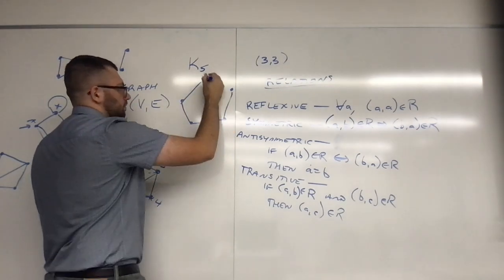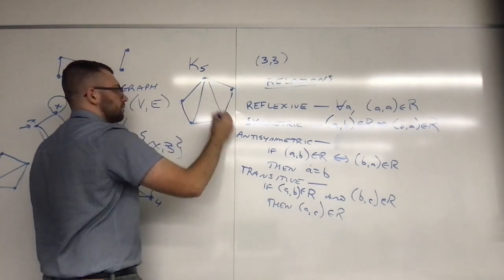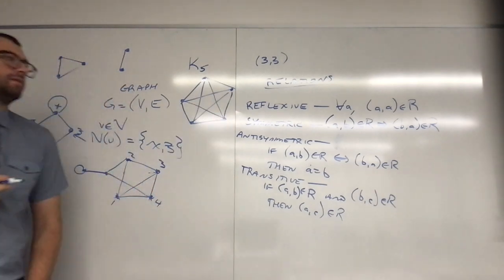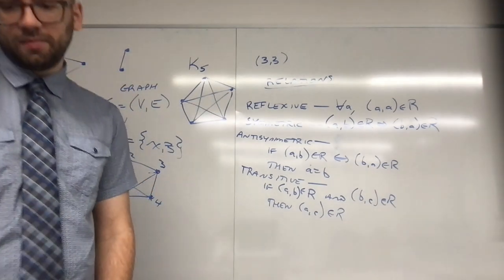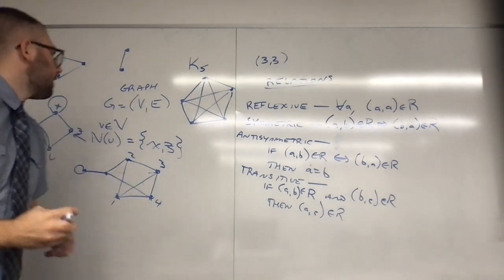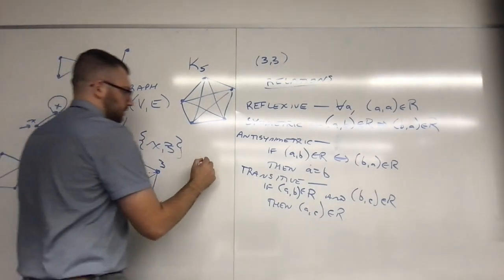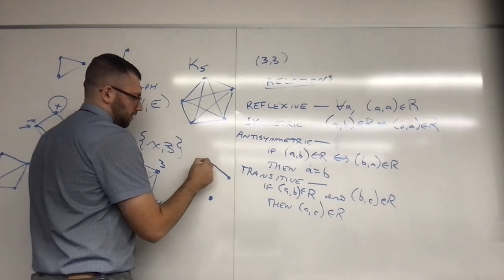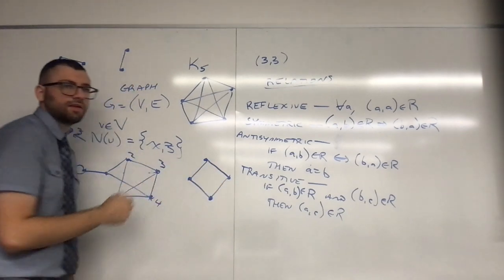Yeah, so this is called a complete graph or a clique, or there's a couple different words for it. A cycle is like what we were talking about earlier. That kind of thing is a cycle.